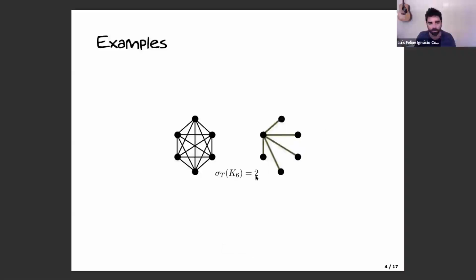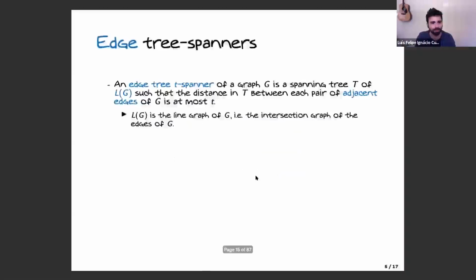With these two examples, and understanding this definition of spanning tree spanners, we now define in this work edge tree spanners. We add the edge concept to the graph to obtain such a spanning tree. We say that an edge tree t-spanner of a graph G is a spanning tree of its line graph, such that the distance between any pair of adjacent edges of G is at most t in this spanning tree of the line graph.